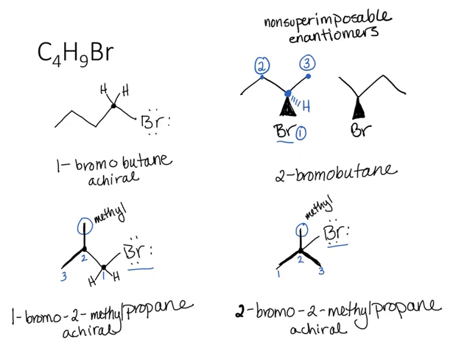And if we draw an arrow from 1 to 2 to 3, would that be going to the right in a clockwise direction or to the left in a counterclockwise direction? So that would be going to the right in a clockwise direction. So is that R or S? R. All right, so that carbon is R.